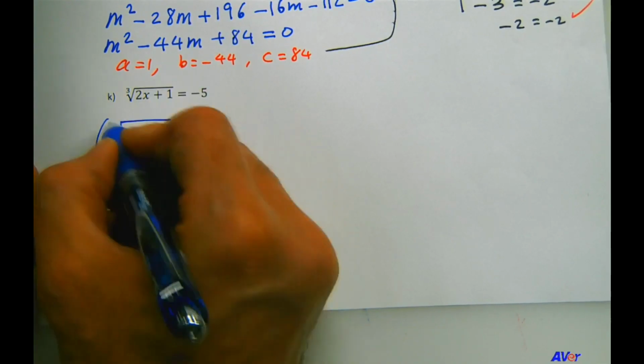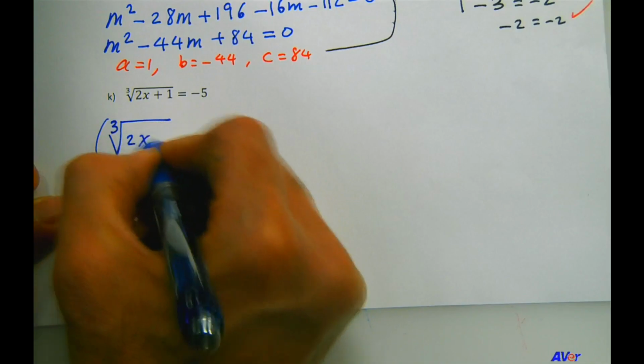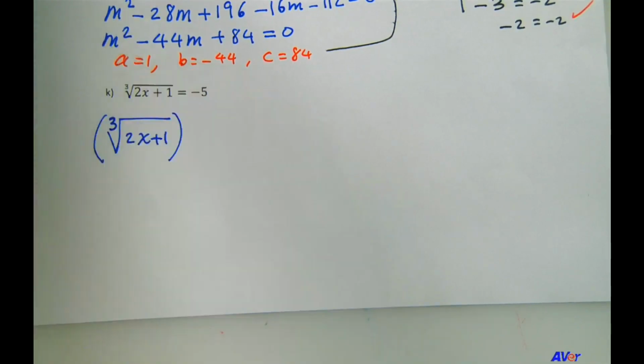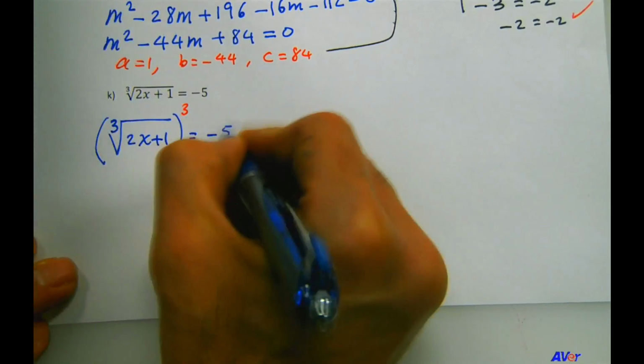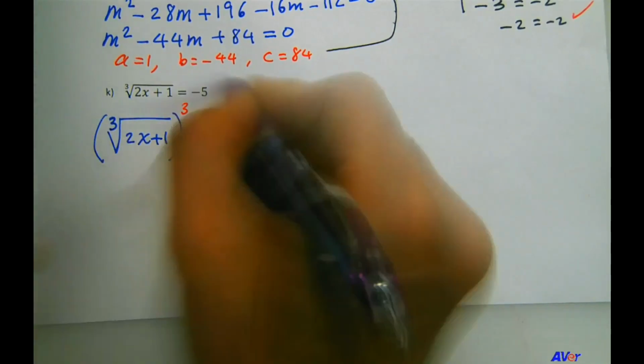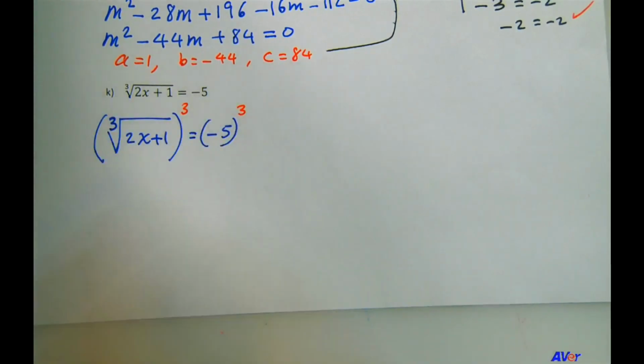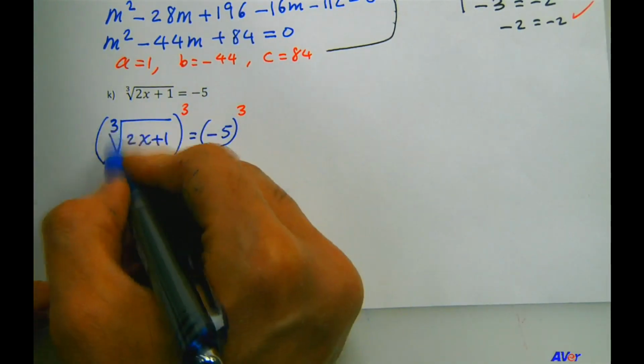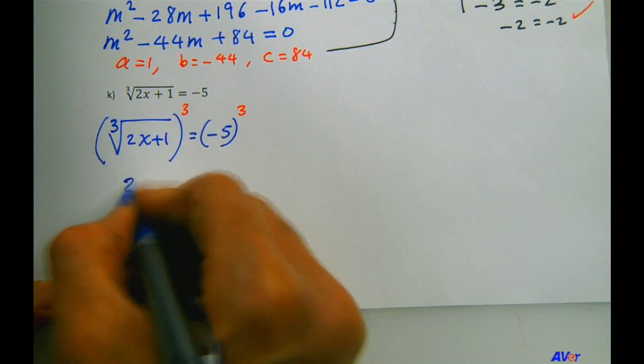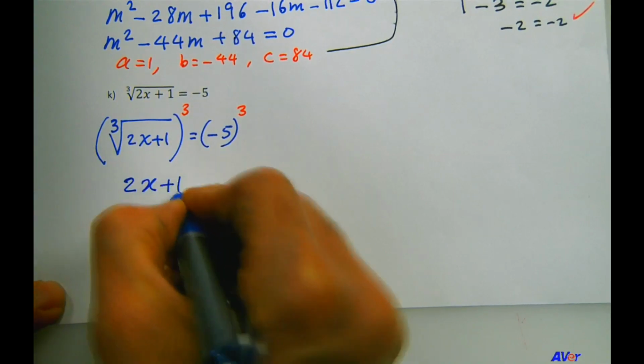So third root of 2x plus 1 to the third power equals minus 5 to the third power. This third power and this index of the root cancel each other out. We end up with 2x plus 1 on the left.